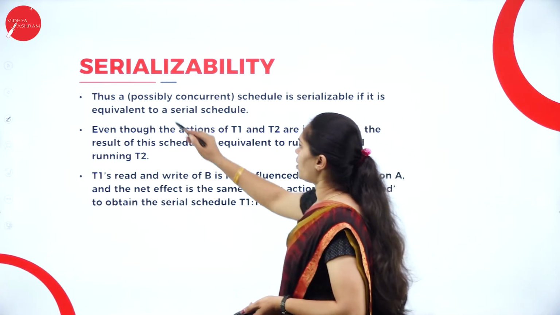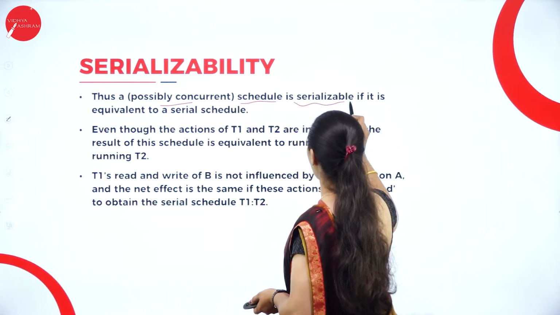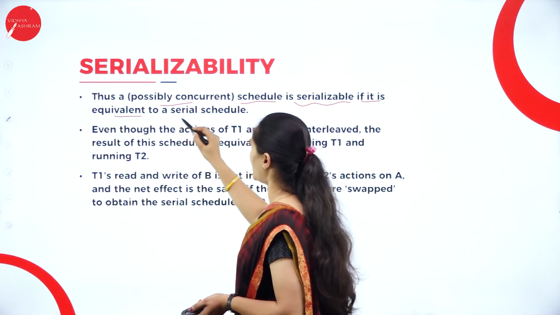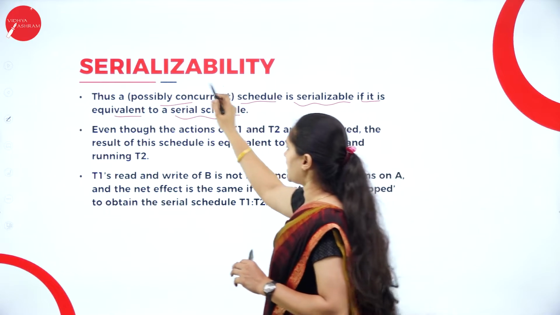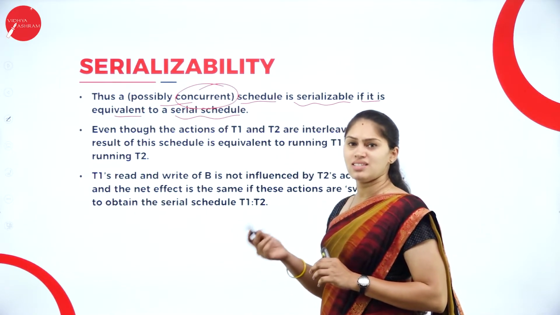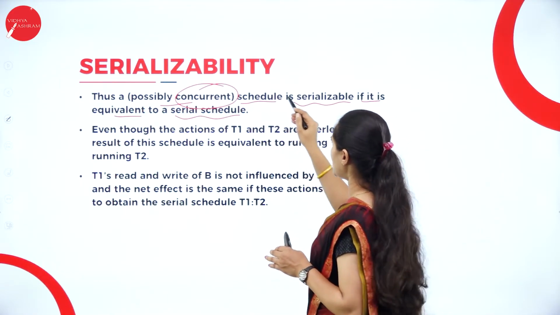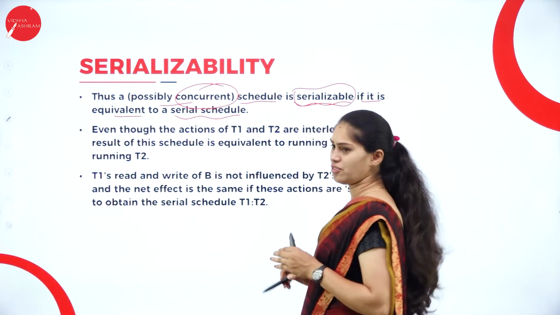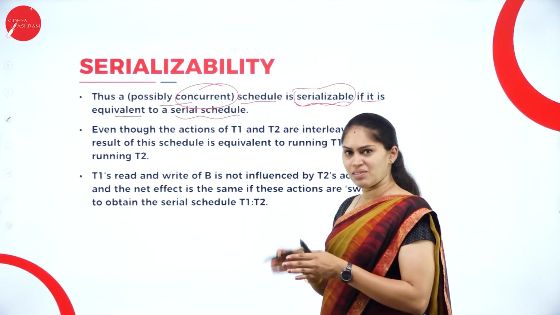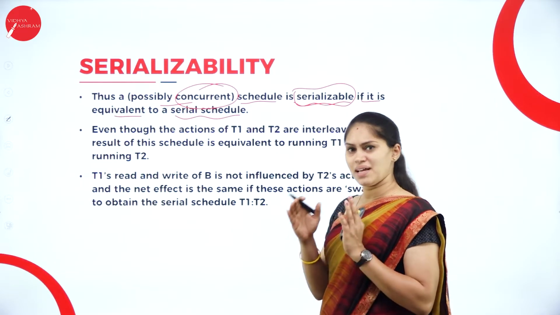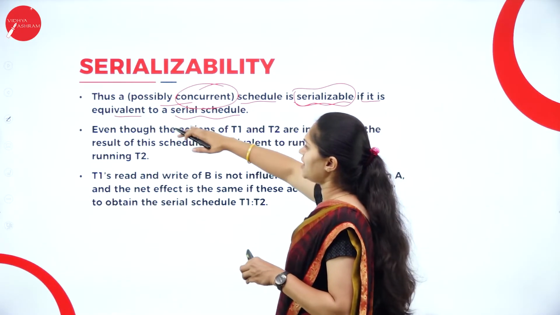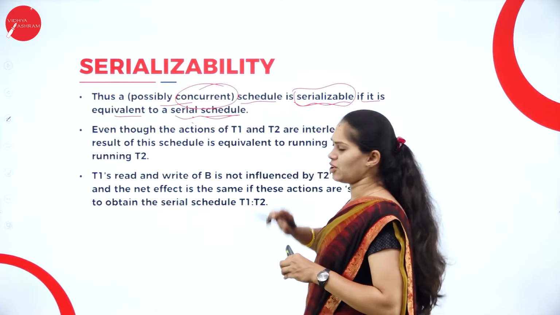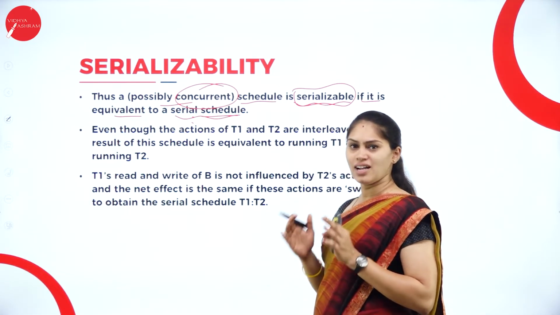And a concurrent schedule is serializable if it is equivalent to a serial schedule. A concurrent schedule means a non-serial schedule. If the non-serial schedule is serializable, that is, if T1 and T2 are taking place in parallel, and the resultant is equivalent to the value of the serial scheduling, then we can say that both are identical.